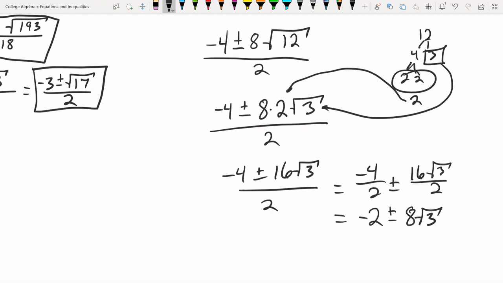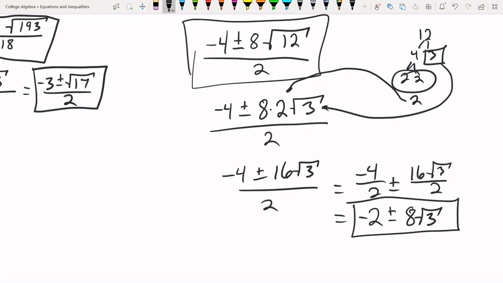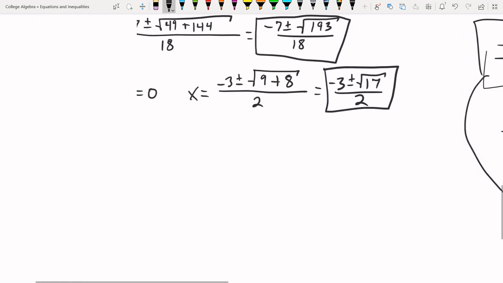And we have a simpler expression here. So this would be the correct answer, not just this, right? This can be simplified down to this. So you always want to simplify the radical and simplify if anything can be reduced between the numerator and the denominator. Okay, moving back.